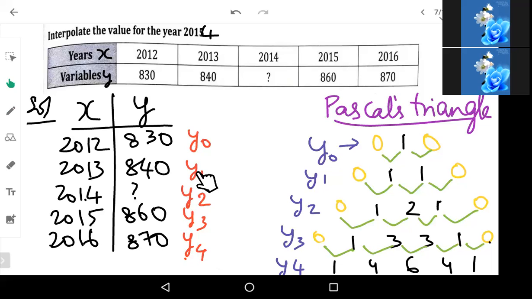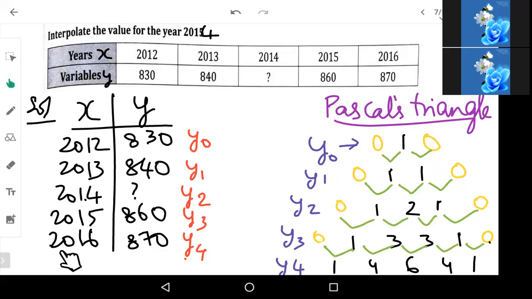Now coming to the Pascal's triangle, start with 1, assume 0s on the other side of 1, and then add these numbers. 0 plus 1 is 1, 1 plus 0 is 1. Again assume zeros, add the numbers.